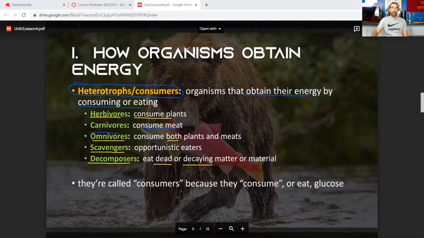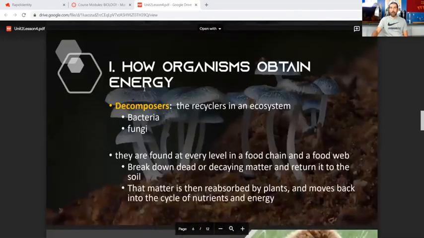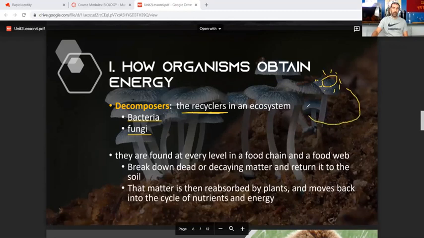All right, let's move on to the next slide. This is just a slide that sort of reiterates what decomposers do. They are the recyclers in an ecosystem, your bacteria and fungi. Just think about it. As energy moves from the sun to a plant, to a herbivore, to a carnivore, to an omnivore, scavengers, all of these things will eventually die.